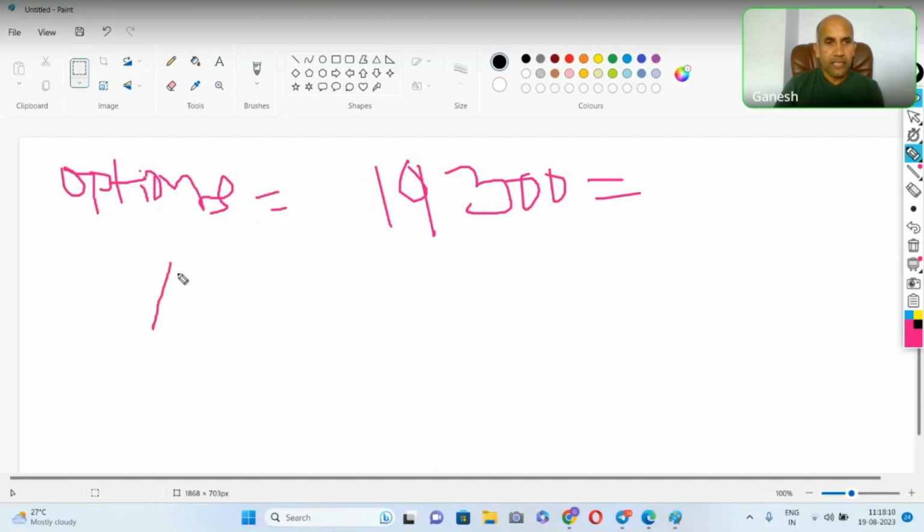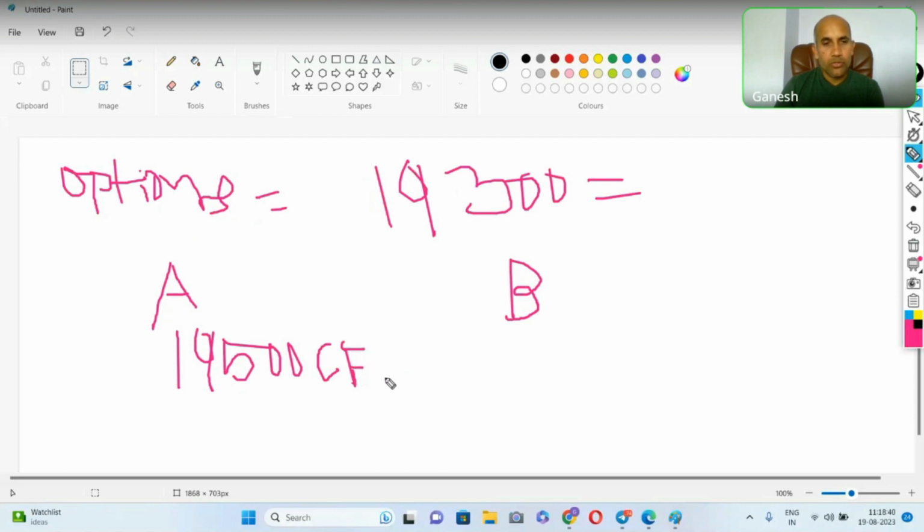Let's say person A and person B. Let's assume for simplicity that there are only two people in the stock market world. They want to trade. Now, person A wants to sell a 19,500 call. This is a contract.